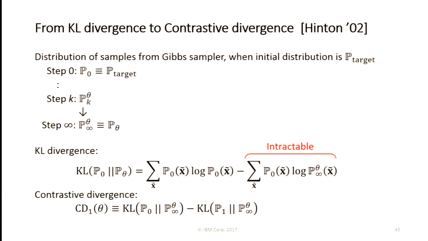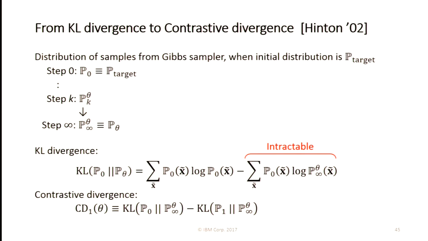So p theta infinity is the same as the target distribution, which here means your model distribution. You're trying to sample from your model distribution, so eventually this distribution converges to your model distribution.